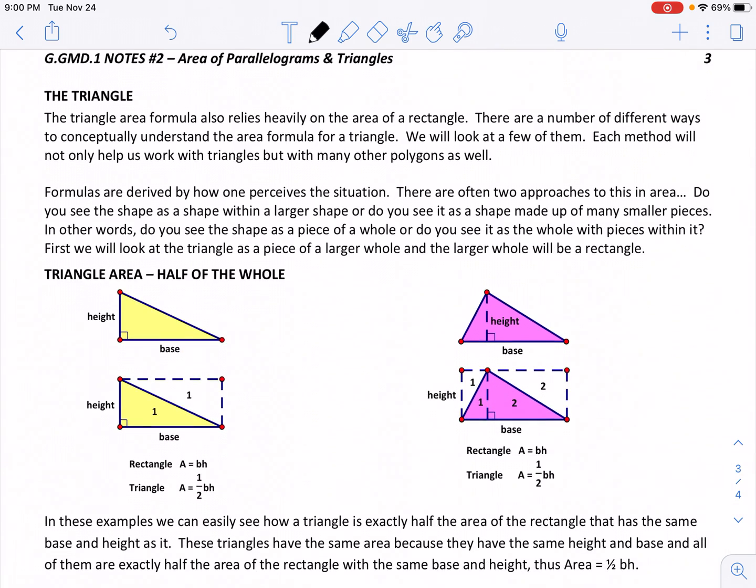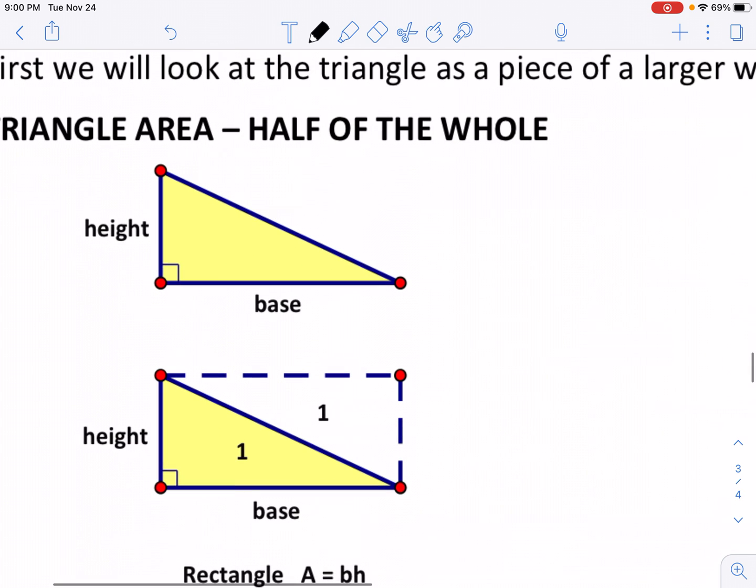Now, just a reminder for the triangles, and we've kind of done this before. Remember, the area of a triangle is base times height divided by 2. Now, the reason for that, as we showed earlier, is if I take a triangle where we have, in this case, a 90-degree triangle, a right triangle, and we have our base times our height, if we duplicate that triangle, in other words, we're going to double the area of triangle 1 by 2, what we can do is we can create a rectangle with those 2 areas.